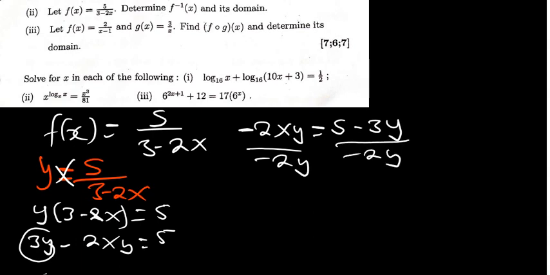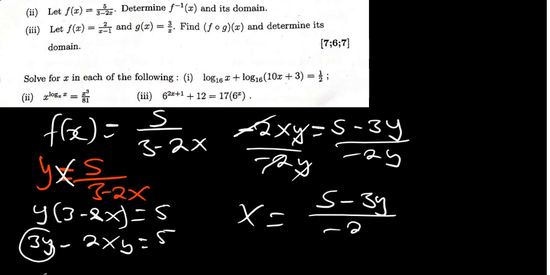These will cancel, this and this, also this and this. We will remain with x is equal to 5 minus 3y over negative 2y. Up to this point, any question?